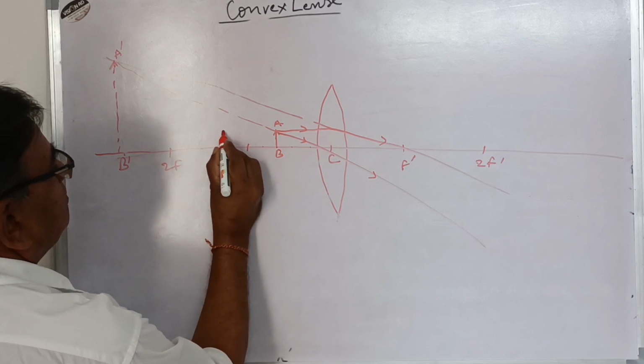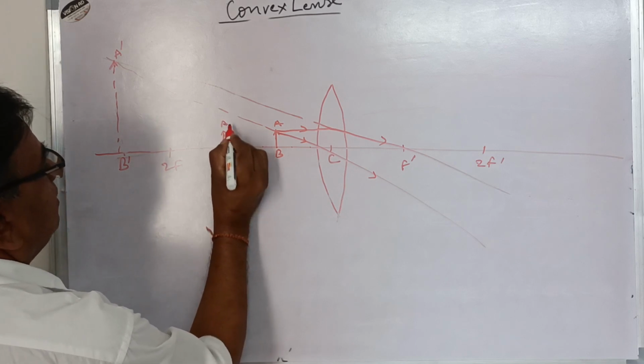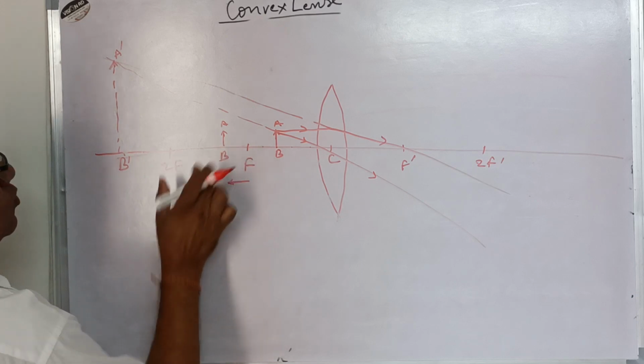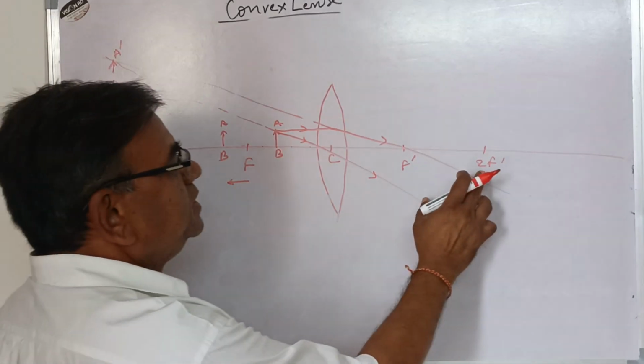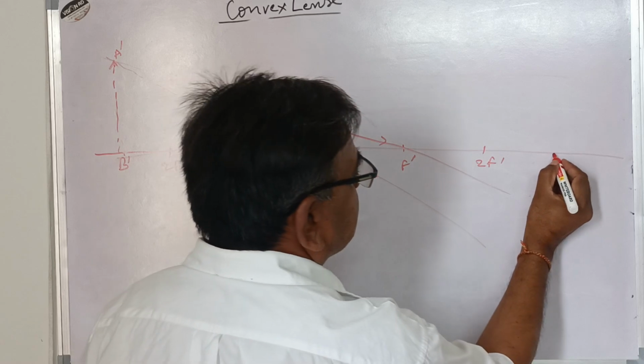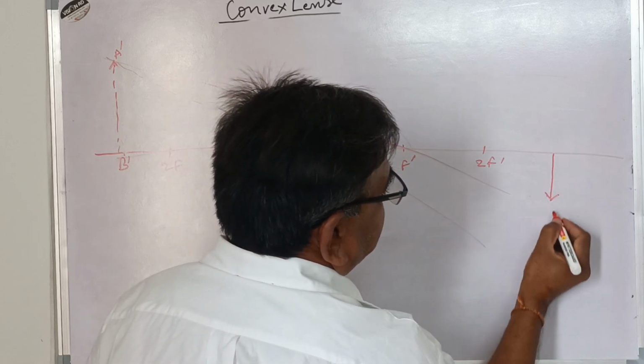When your object is between f and 2f, then the image will be beyond 2f. This will be somewhere here, and this will be inverted.